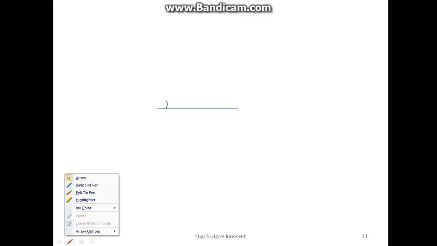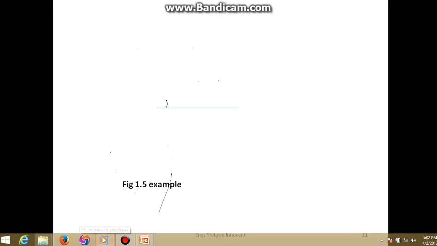According to figure 1.5, the force pulling the mass of 12 kg down the plane is F. The resistance dragging it is R. The reaction is mg cos theta, which is the force of gravity at an angle of 30 degrees at the normal.